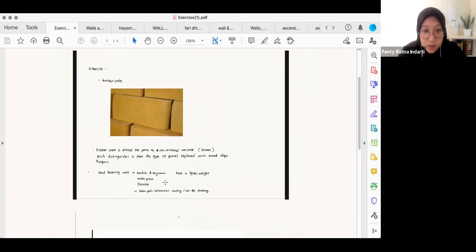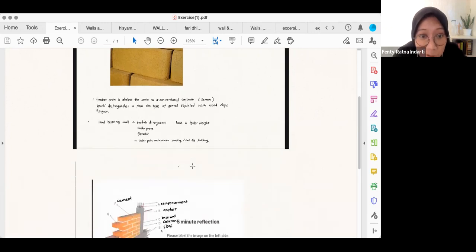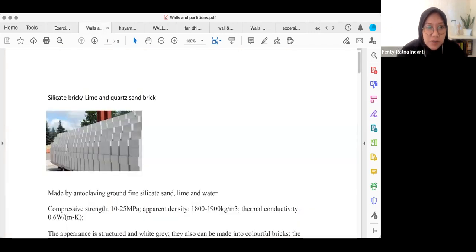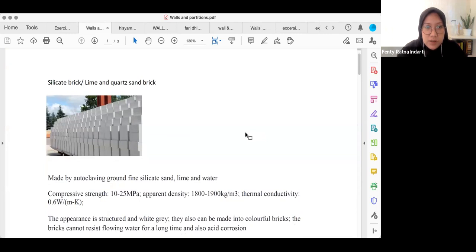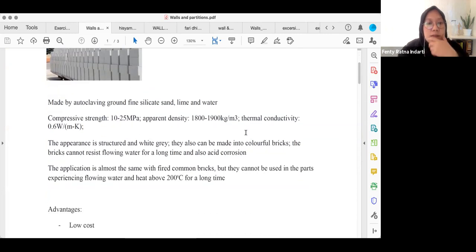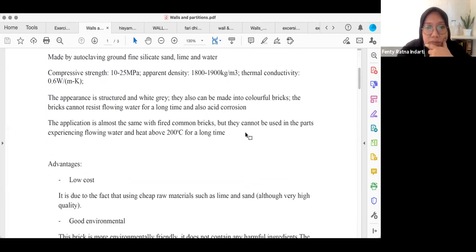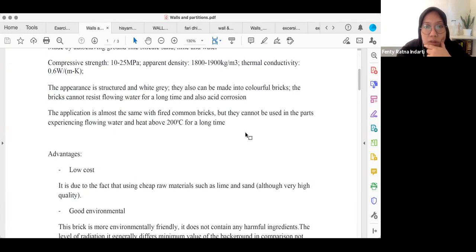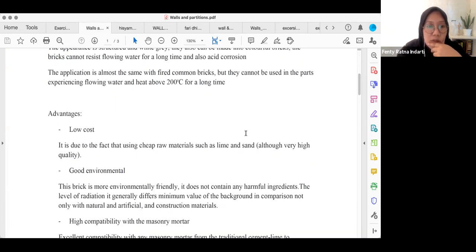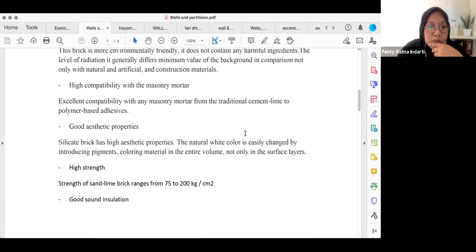It can be a load-bearing wall because it's easy to work with, lightweight, waterproof, and flexible. Next we have silicate brick, lime and quartz sand brick. Structure with white gray application. Okay, high environmental compatibility.